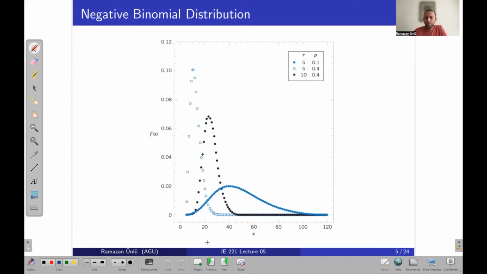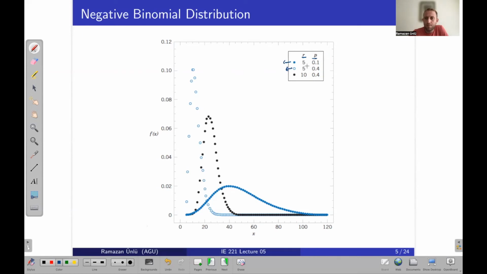You can check the graphs of negative binomial distributions with different parameters, different r's and different p's, the probabilities. You can check it yourself, but let me say a small thing here. When you change the probabilities, for example, let's look at the first two distributions.